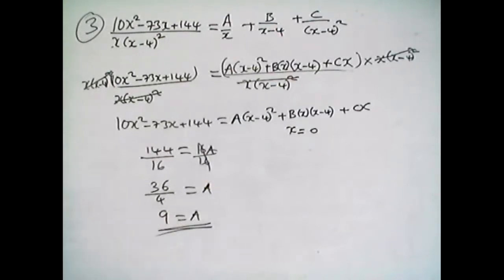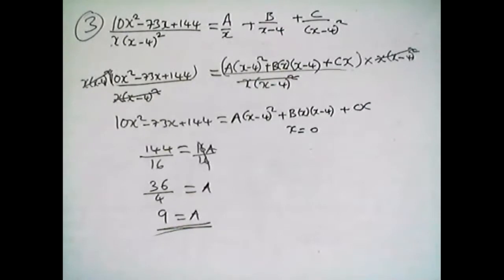So we found the value of a. So a is equal to 9. Since a is equal to 9, we can find the value of either b or c.